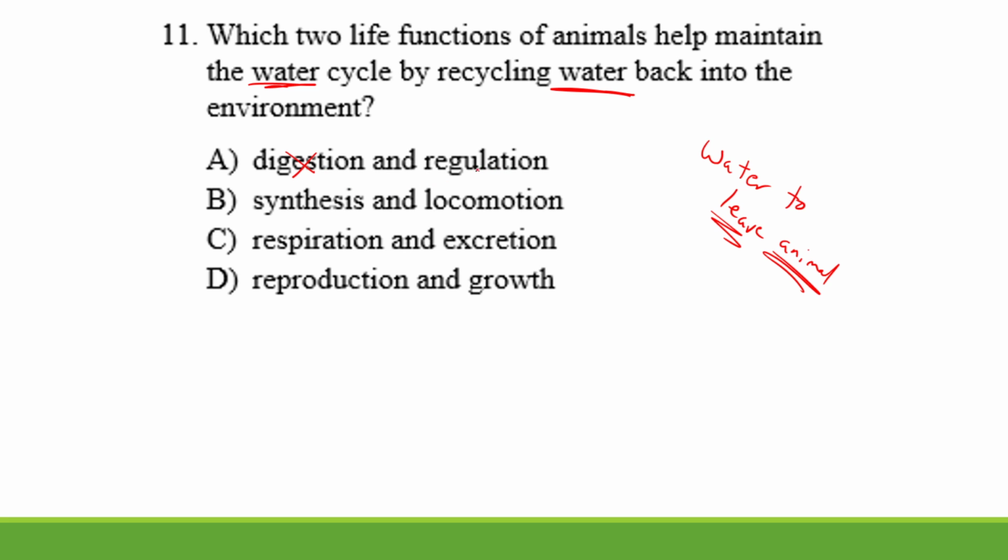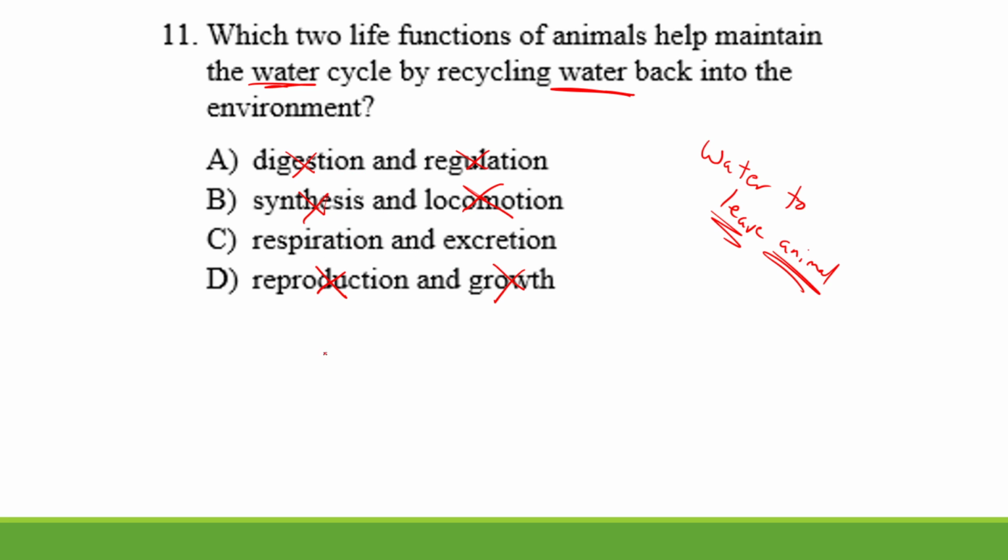Regulation is about keeping all life functions regulated and continuing to happen, so it's not going to be that one. Moving around is not going to be putting water back into the environment. Growing, reproduction, building new things, right? None of these things are going to put water back into the environment.